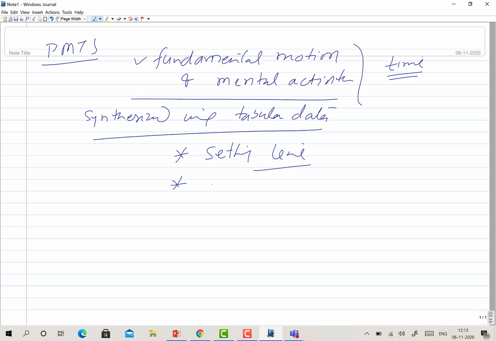When the time is estimated using the PMTS method to hold or unhold the job using a particular design of the jig and fixture, we are able to estimate the time a job will take to hold or unhold using a given design of jigs and fixtures.